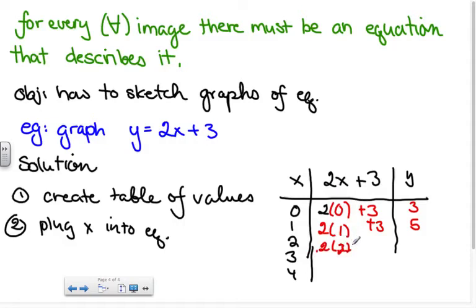You get the picture. You're plugging in numbers. Plus 3 is of course 7. And if you haven't figured out that this is going in a pattern, 6 plus 3 is of course 9. And of course plus 3, that's 11.